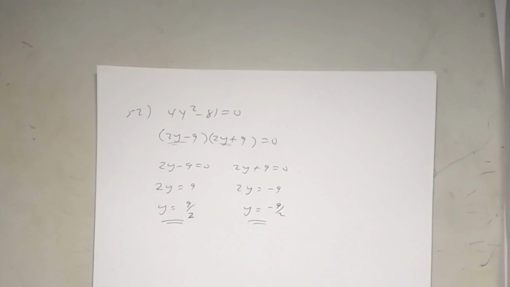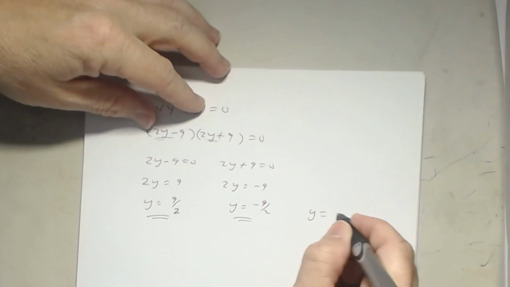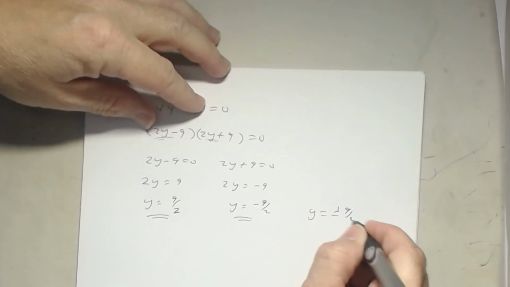Do you want it broken down, or you don't care if it's a fraction like that? I'd leave it as a fraction. He's talking about writing it as a mixed number versus an improper fraction. Now you see how they're opposites? So you could have also written it like this: y equals plus or minus 9 halves.